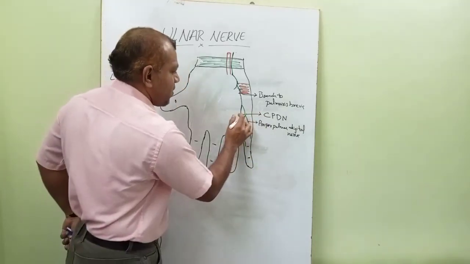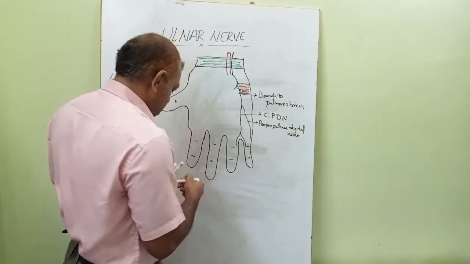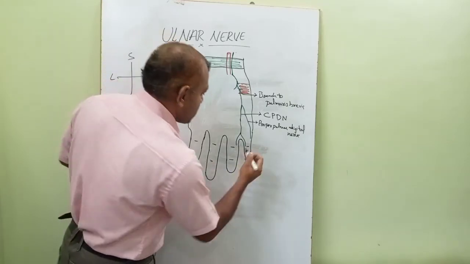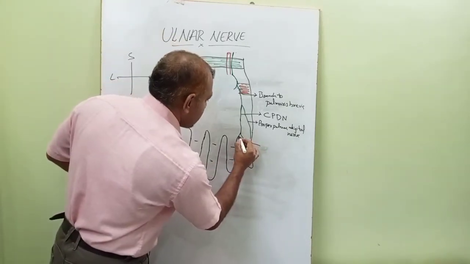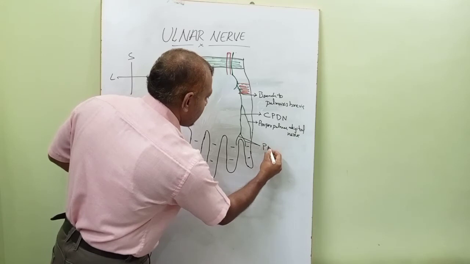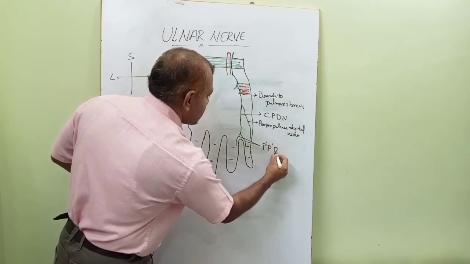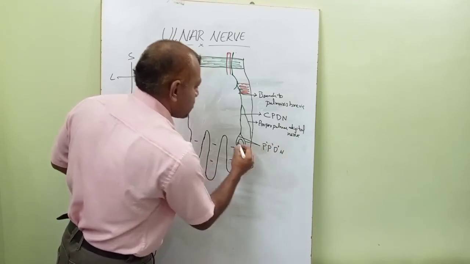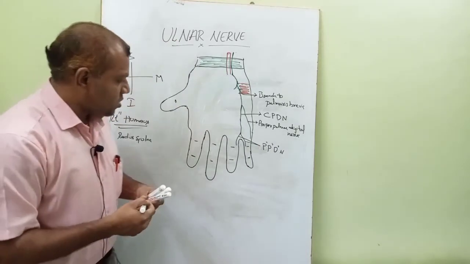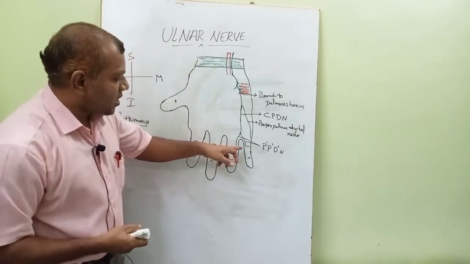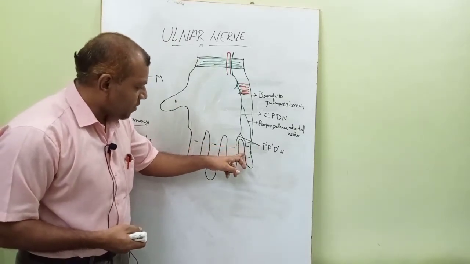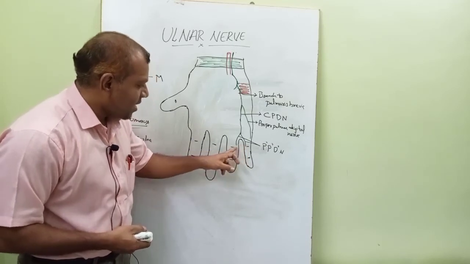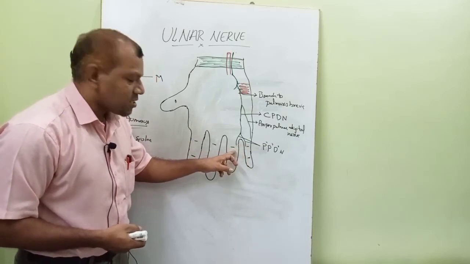This is your common palmar digital nerve, and these are the two proper palmar digital nerves. One supplies the lateral aspect of the little finger, and the other supplies the medial aspect of the ring finger.